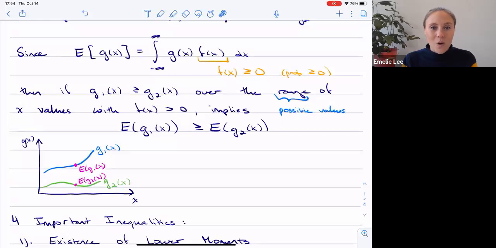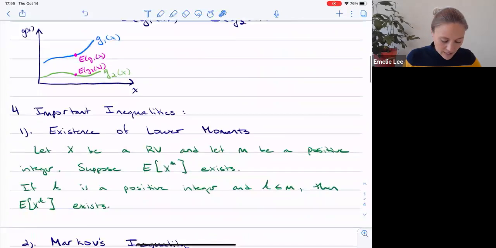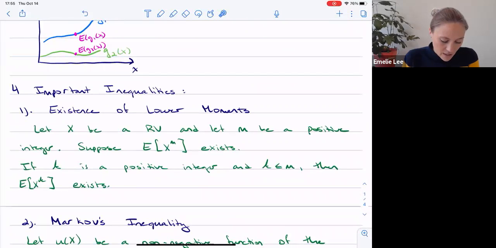Okay. So now I want to introduce these, there's 4 important inequalities that we're going to come back to at different points. Okay, so the first one is the existence of lower moments. So if X is a random variable and we let m, lowercase m, be a positive integer, right? 1, 2, 3, 4, 5.